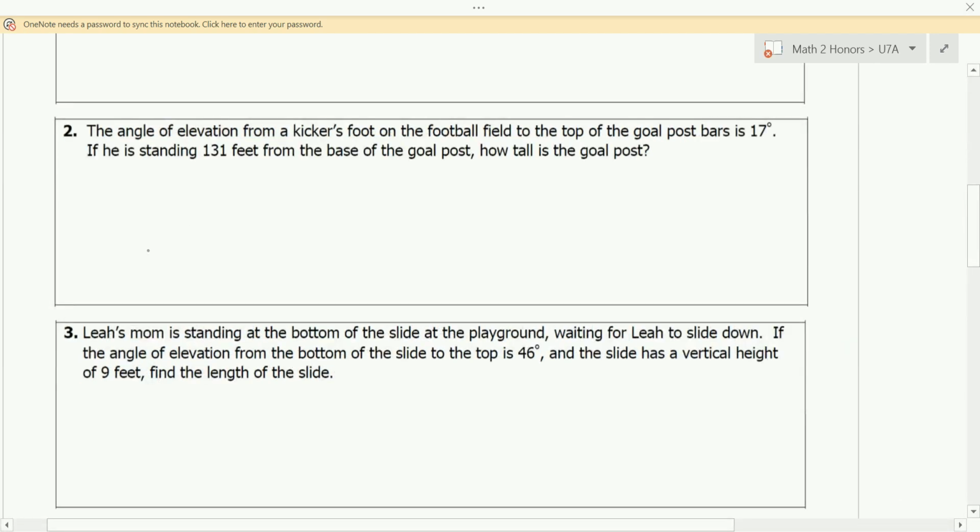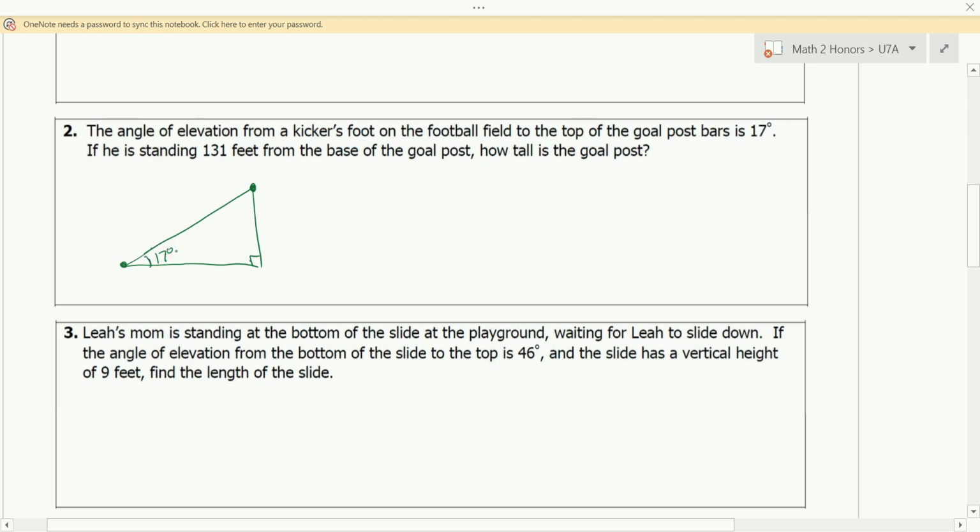And so on number 2, you should have some kind of right triangle here. So we got angle of elevation from a kicker's foot on a football field to the top of the goalpost, right, is 17. So here's where the foot of the football player is. Here's where the top of that goalpost is. And so this is the angle of elevation here at 17 degrees.